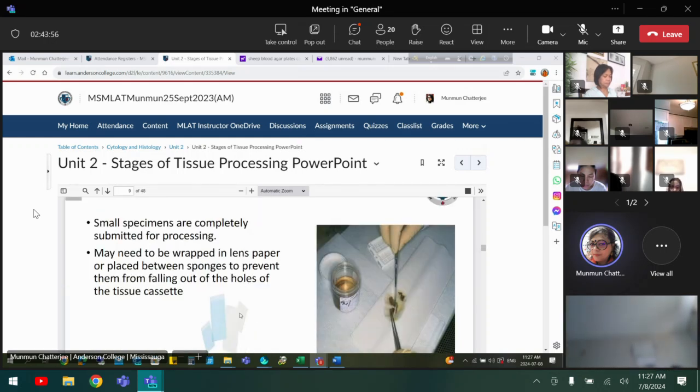Gross examination: small specimens are completely submitted for processing. If the specimen size is less than 3 to 5 millimeter, it can be directly submitted for processing. If it is more than that, you need to cut it into small pieces. Specimens may need to be wrapped in lens paper or placed between sponges to prevent them from falling out of the holes of the tissue cassette.